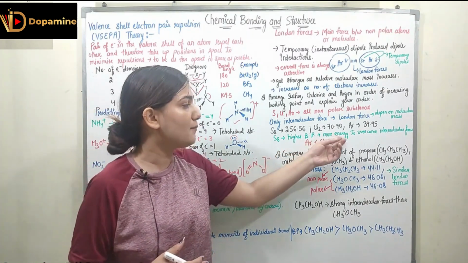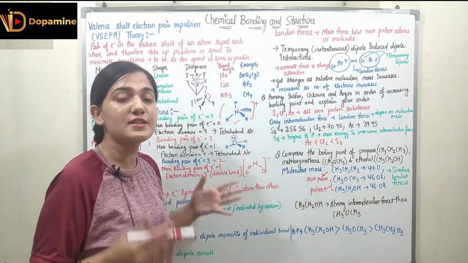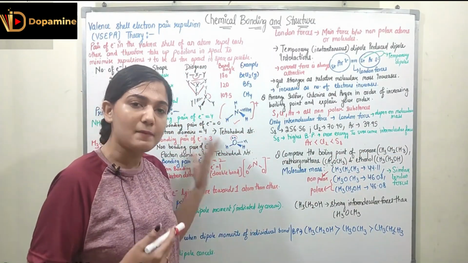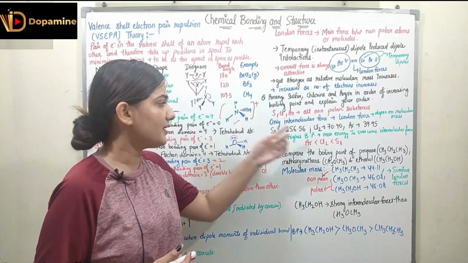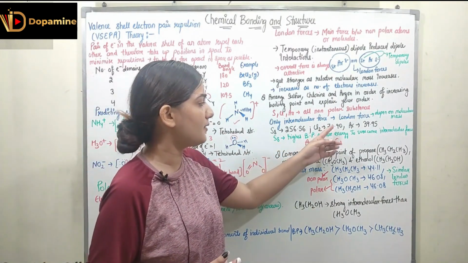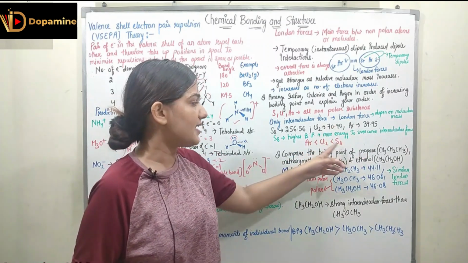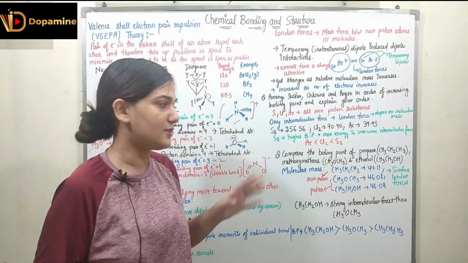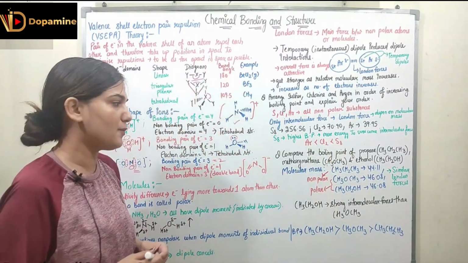So we require more energy to overcome these intermolecular attraction forces, which means S8 will have the highest boiling point. After that comes Cl2 and then argon. So the highest would be S8, then Cl2, and the lowest boiling point would be that of argon.